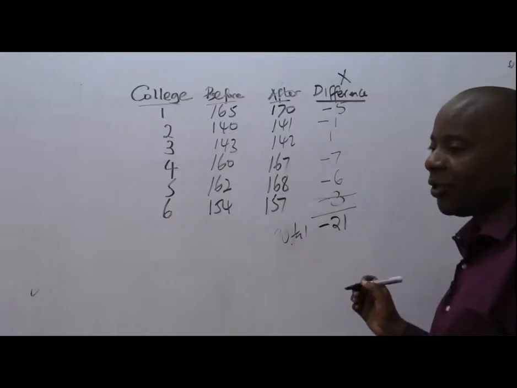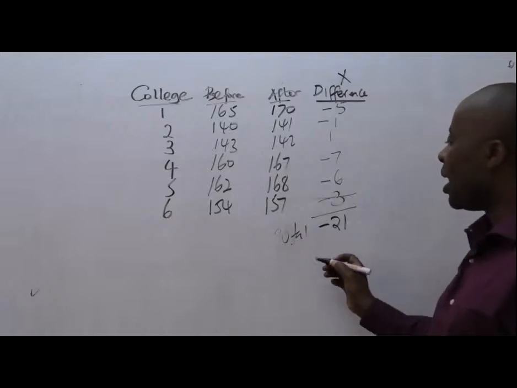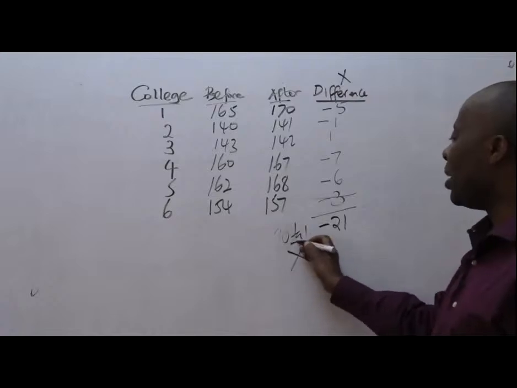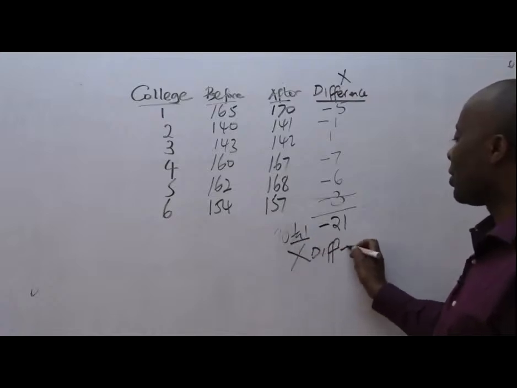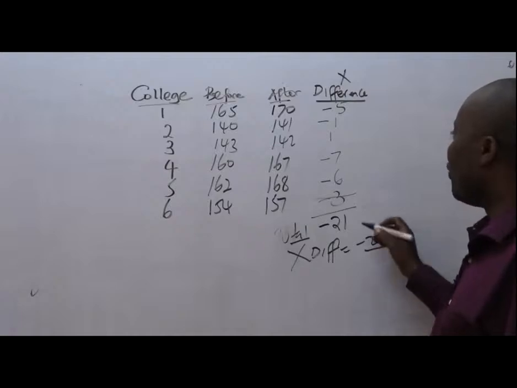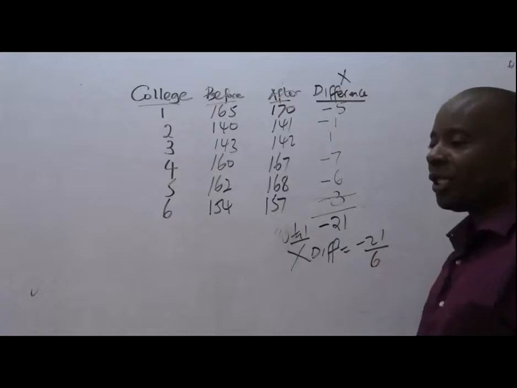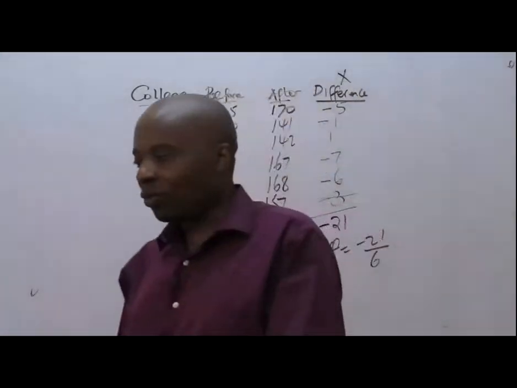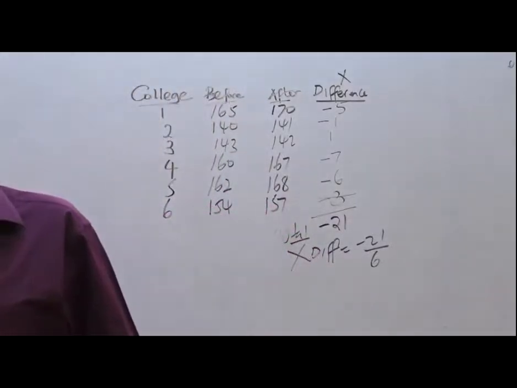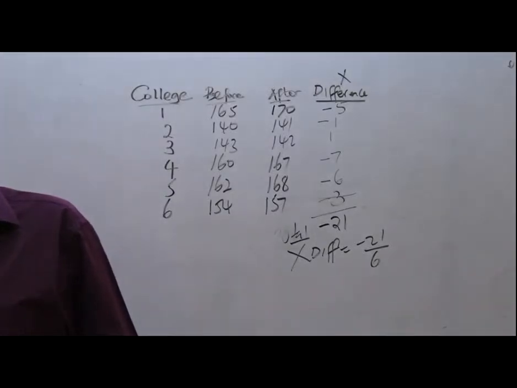These are our X values of our variable. I would expect you to go ahead and give me X bar of these differences. So it will be minus 21 over how many? 1, 2, 3, 4, 5, 6, over 6. Is there anybody who is able to give us that X bar?